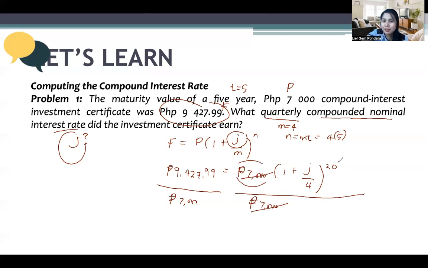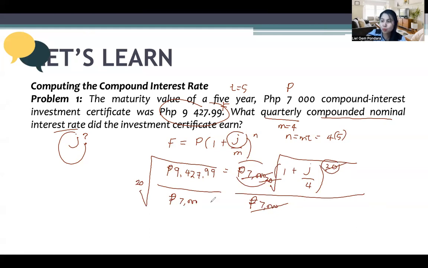Next, you have here an exponent of 20. So to get rid of the exponent 20, we need to find the nth root, the 20th root of both ends. So with the 20th root, we now cancel our square, the exponent.